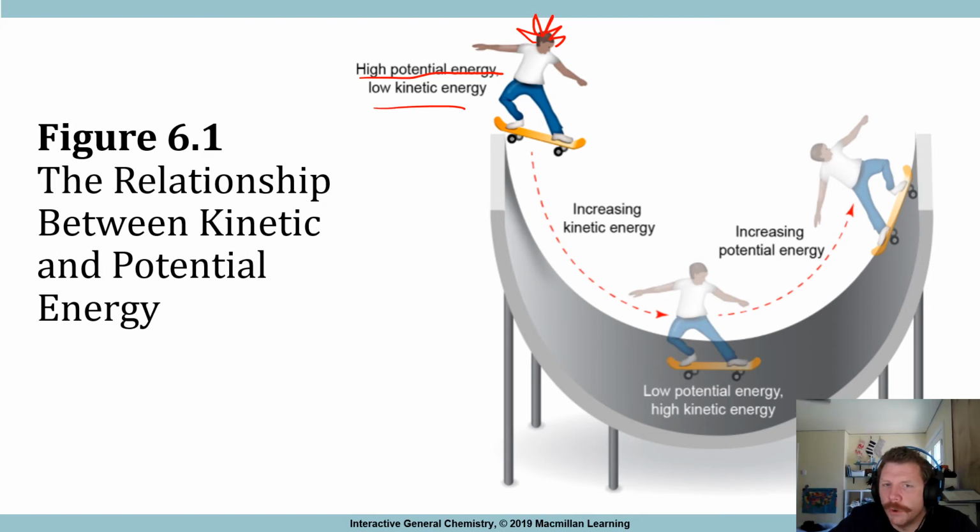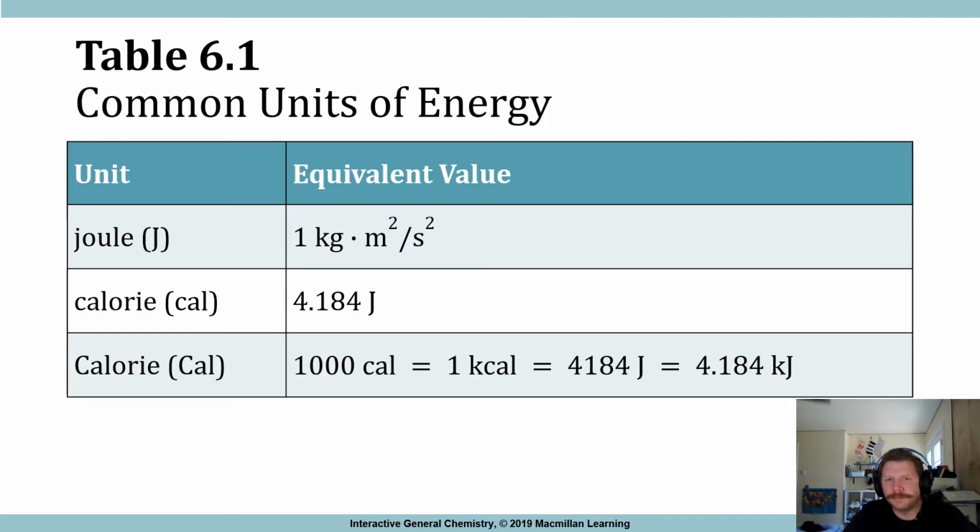As they begin going down this half pipe, their kinetic energy increases. As they reach the bottom of the half pipe, their potential energy is lower and their kinetic energy is higher. They continue on as their kinetic and potential energies basically invert.